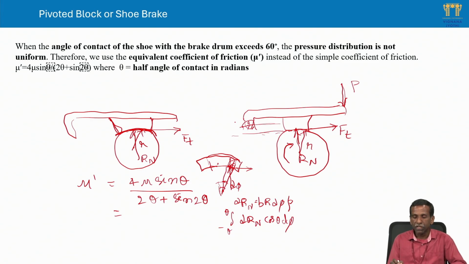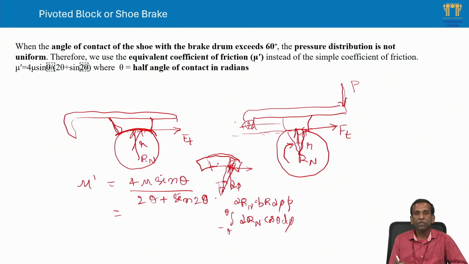One more important point to remember: if the contact angle of the block with the drum is greater than 60 degrees, only then will we go for finding the effective coefficient of friction. Let us see one small numerical exercise on this.